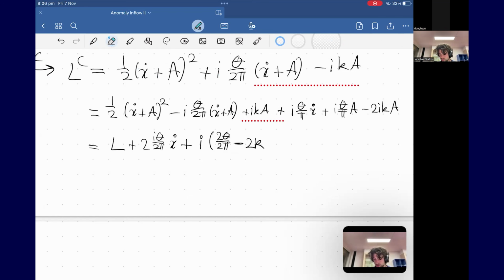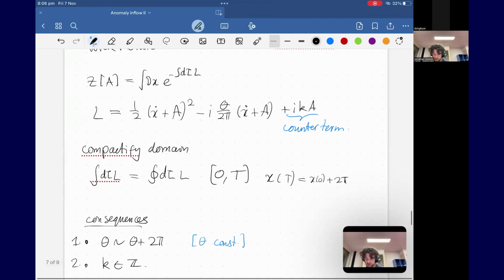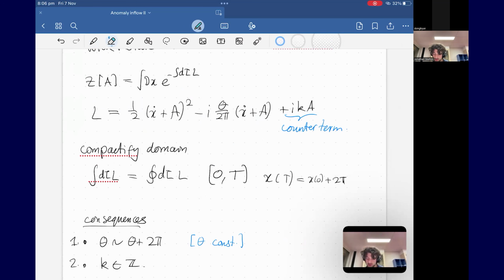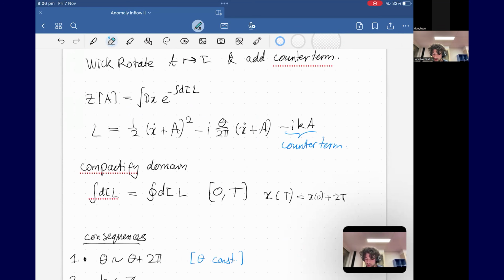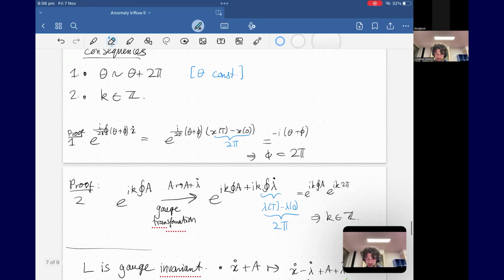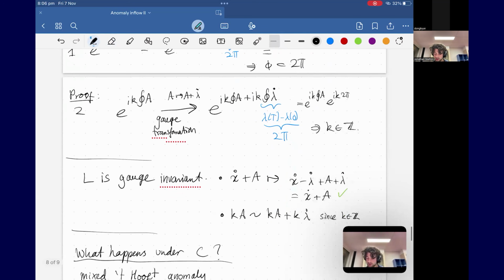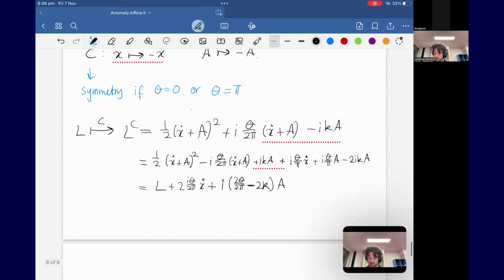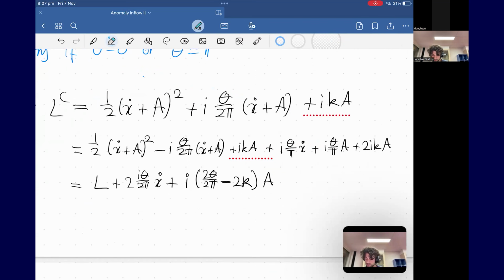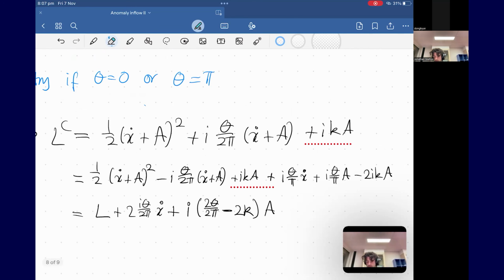I'm actually going to slightly adjust things a little bit. Let's make this a minus counter term, so then we can make everything positive.